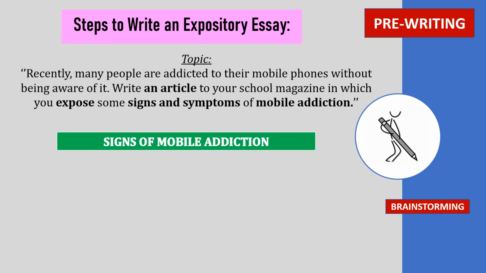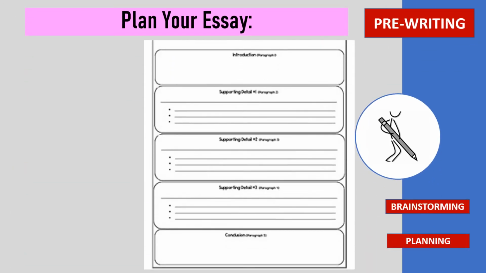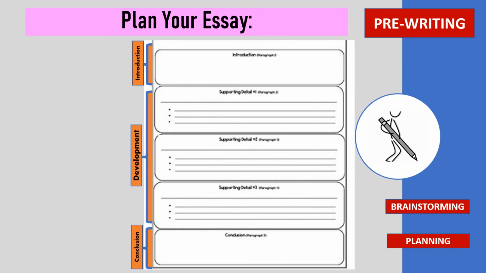So now that you have understood the topic, you need to brainstorm some ideas, especially the main idea of the topic, and then try to find at least 3 of these symptoms. You need to plan your essay and decide which idea to write in which paragraph.